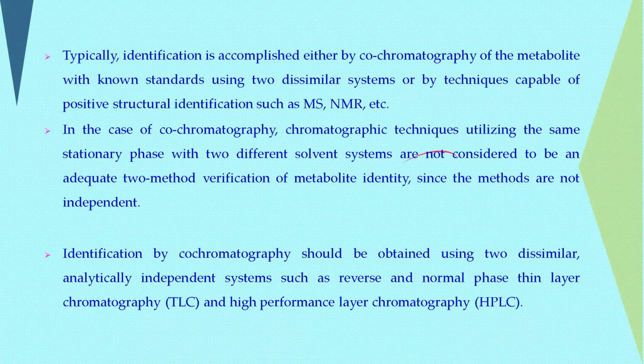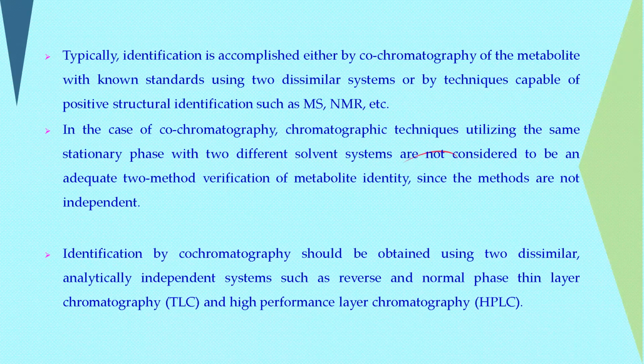And this needs two dissimilar systems, or techniques capable of positive structural identification, such as mass spectrometry or nuclear magnetic resonance, very highly sensitive equipment. In the case of co-chromatography, chromatographic techniques utilizing the same stationary phase with two different solvent systems are not considered an adequate two-method verification of metabolite identity, since the methods are not independent.